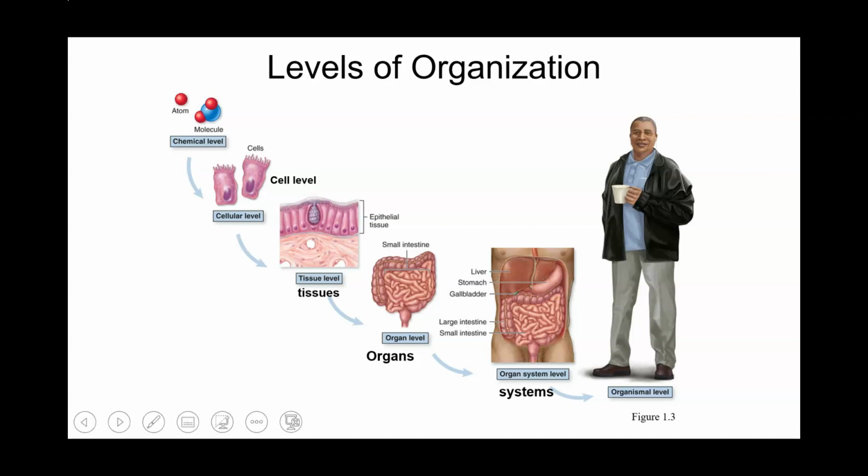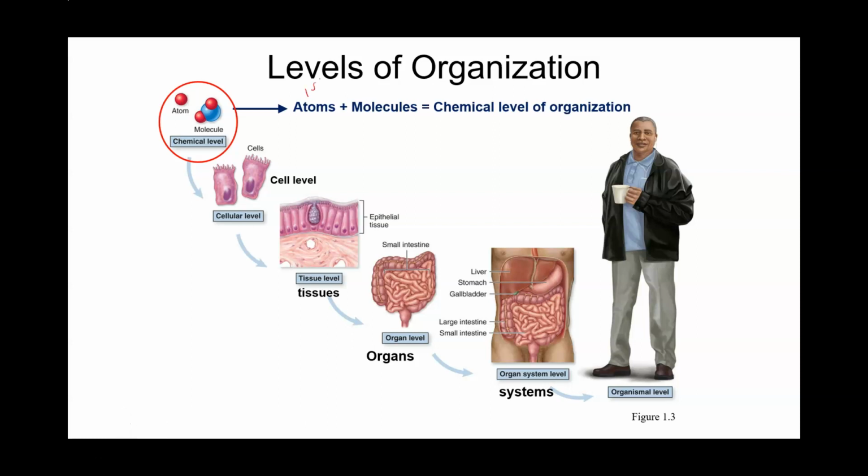Today we're going to be discussing the chemical level of organization. There are two different structures that exist at the chemical level of organization. There are atoms, which are the first structure, and then atoms combine together to make molecules, which are the second structure present at the chemical level of organization.